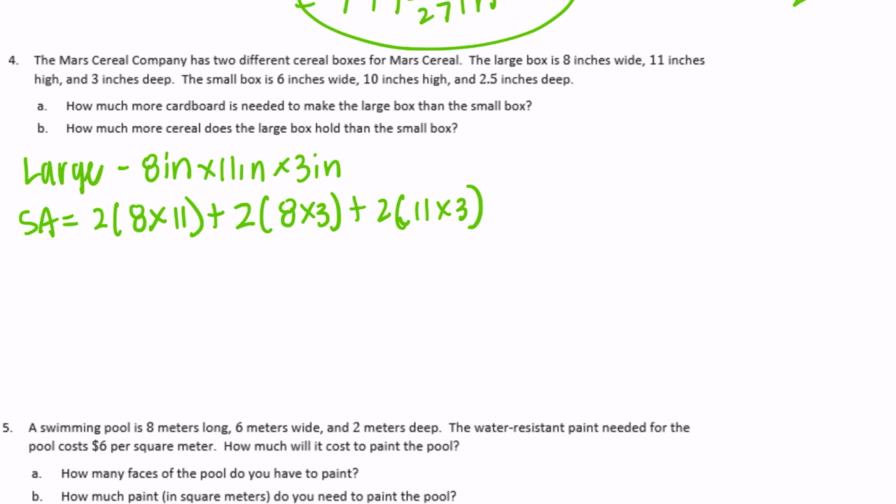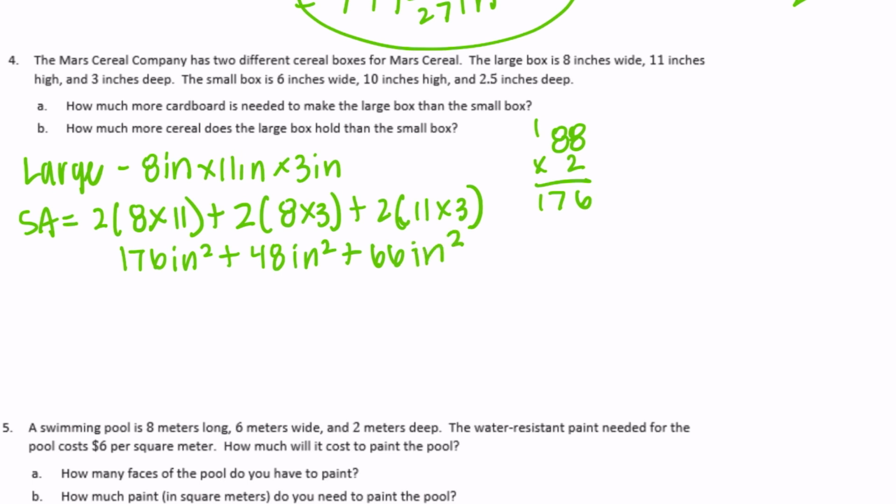So 8 times 11 is 88. 88 times 2 is 176 inches squared, plus 8 times 3 is 24, times 2 would be 48 inches squared, plus 11 times 3 is 33, times 2 is 66 inches squared.